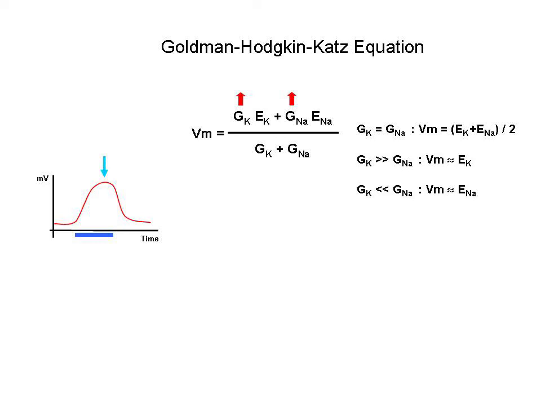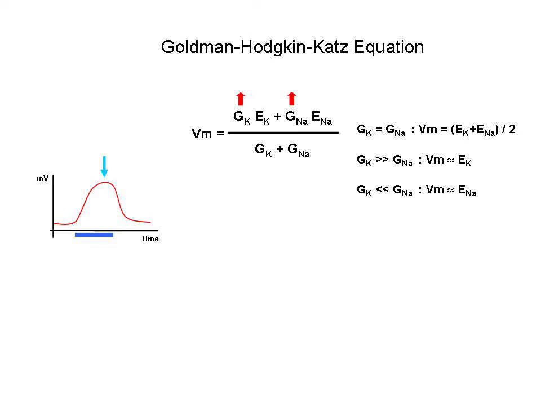What happens if the potassium conductance is much bigger than the sodium conductance? It means that basically the membrane potential will be somewhat similar to EK. What happens if G sodium is much bigger than GK? Which means that the membrane potential should be at the steady state very close to E sodium, the sodium Nernst potential.